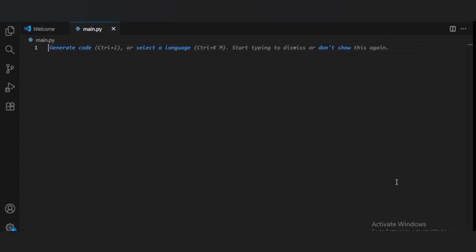Addition operator means adding two numbers. For example, if I print 10 plus 5, this is the first example of the addition operator.